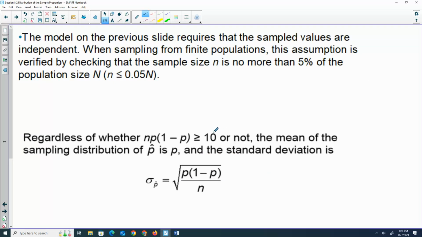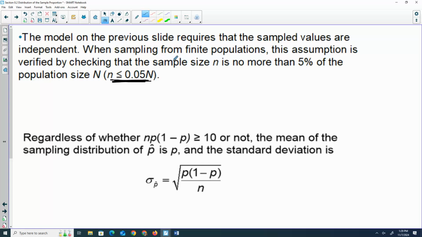The requirements also kind of assume that everything is independent. One person's answer doesn't change another person's answer. In general, we will assume independence if our sample is less than 5% of the whole population. I'm not going to use that a ton right now. We'll just kind of make a note of it.